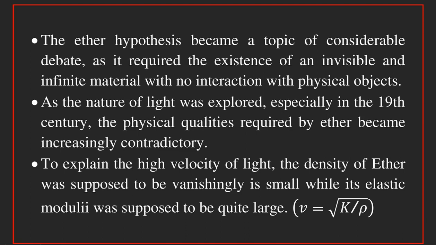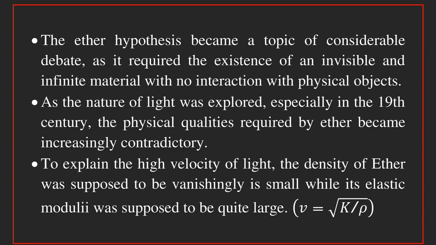So similarly, in ether also, if ether is supposed to be a medium helping the movement of light, then the velocity of light should be root of k by rho, where k is the modulus of elasticity. So as the velocity of light is very large, the modulus of elasticity of ether should be very high.